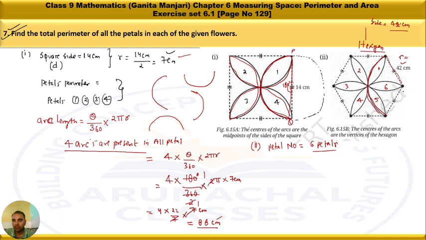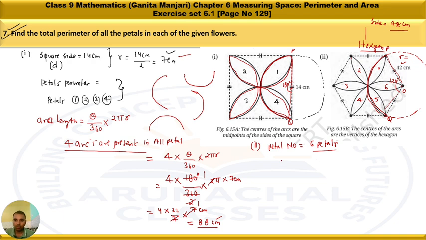This is the circle center. If I consider the complete circle, it will go in this way, imaginary. So the angle subtended by the arc from point P to point Q is 120-degree angle. Here also the radius is 42 centimeter, which is the side of the hexagon.